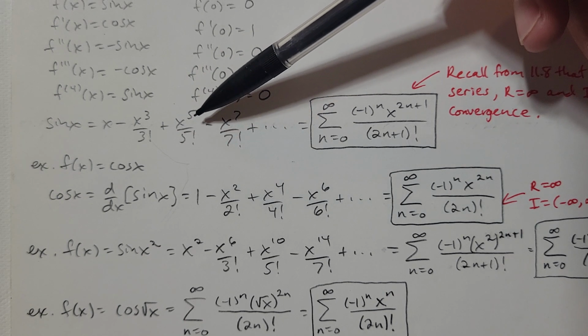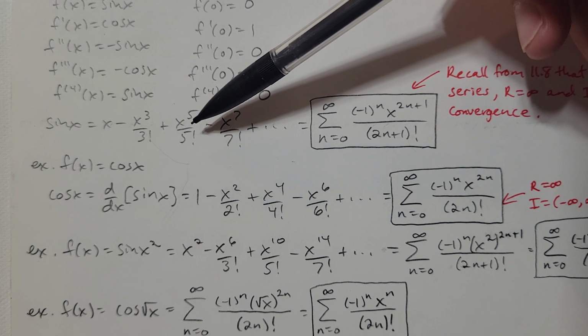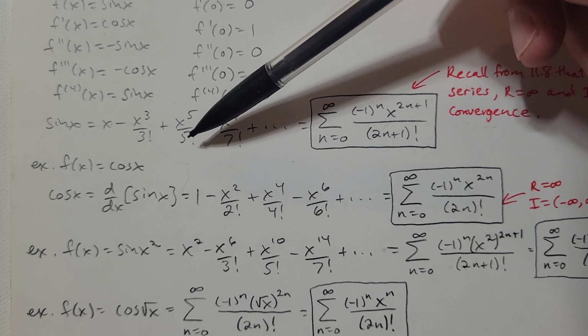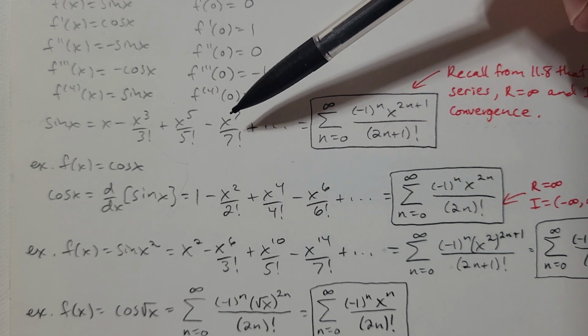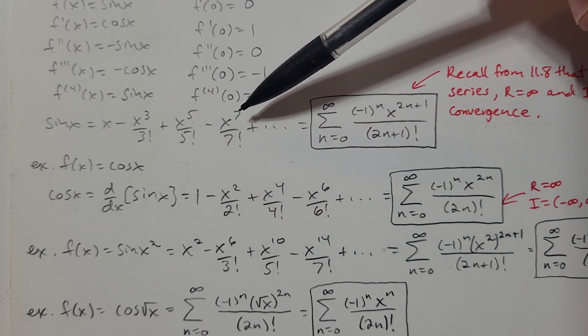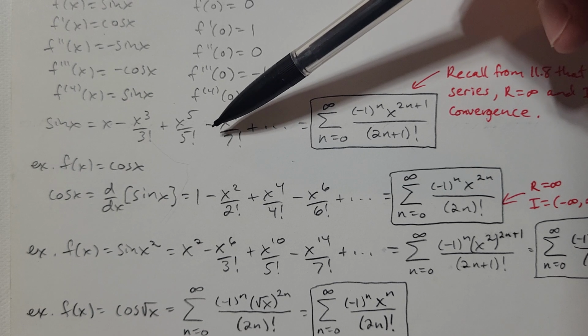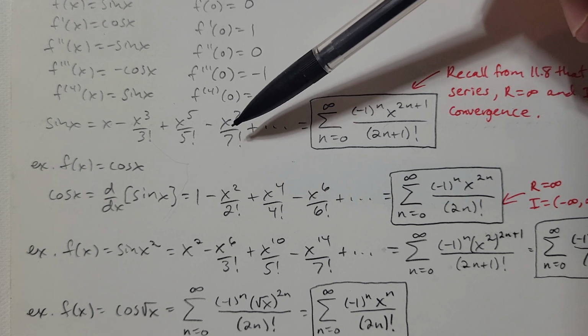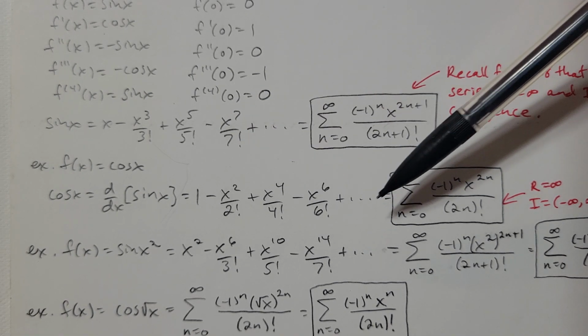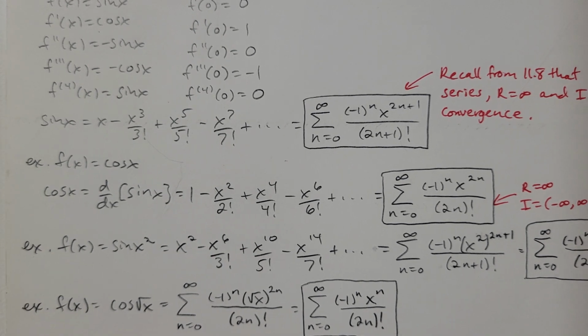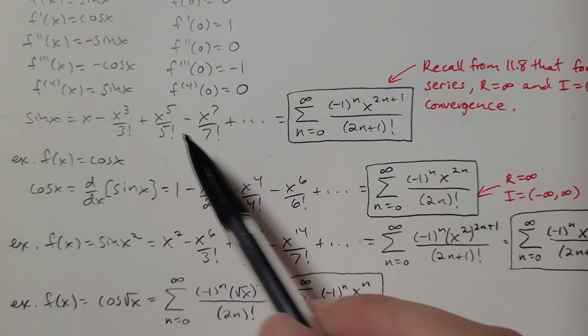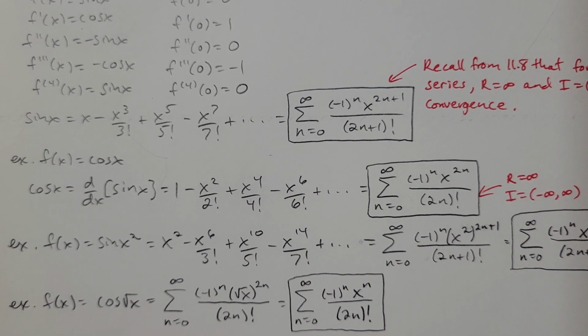Then plus x to the 4th divided by 4 factorial, since the 5's cancel, minus x to the 6th divided by 6 factorial, since the 7's cancel, plus etc. All I'm doing is taking the derivative of each one of these infinitely many terms using the power rule.